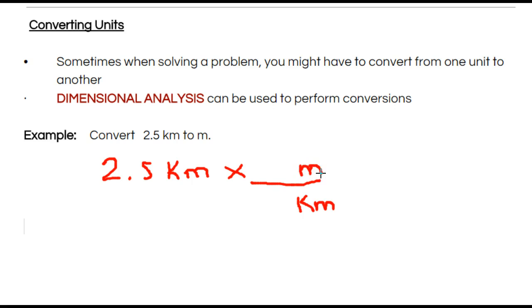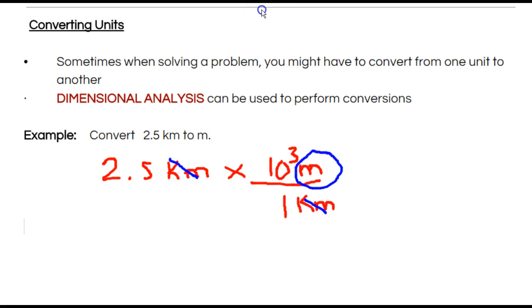Now it's time for me to indicate what the relationship is between these units, so use reasoning skills to help you with this. I know that 1 kilometer is equal to 1,000 meters, or 10 to the power of 3 meters, however you choose to write that out. Now I like to do this just because it makes me feel more confident about my answer. Kilometers are canceled out, and I end up with units of meters that result.